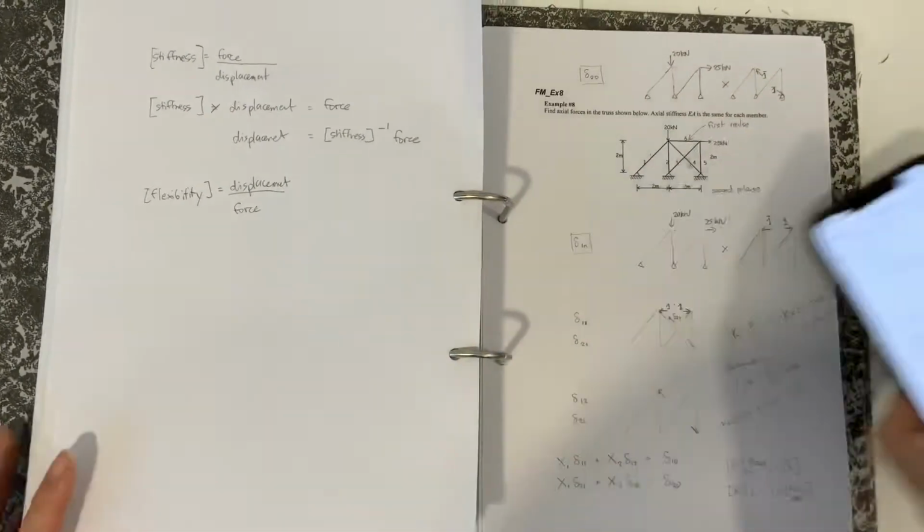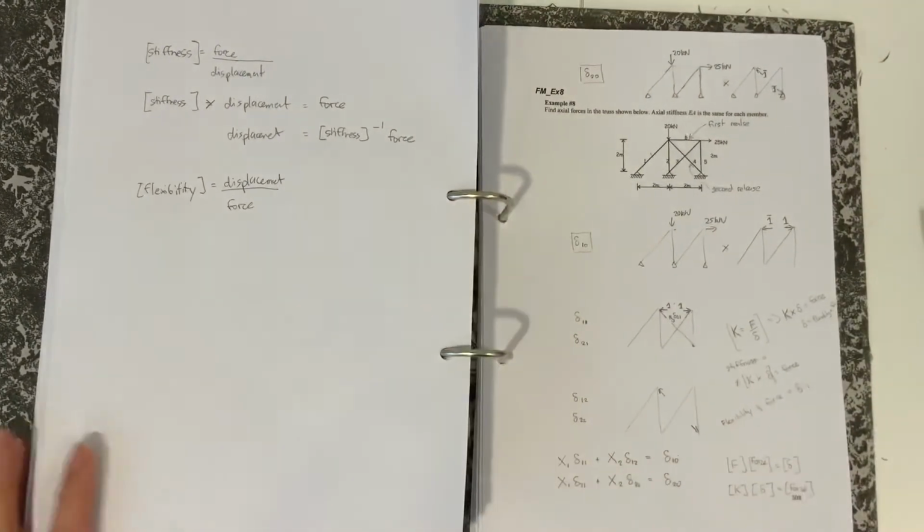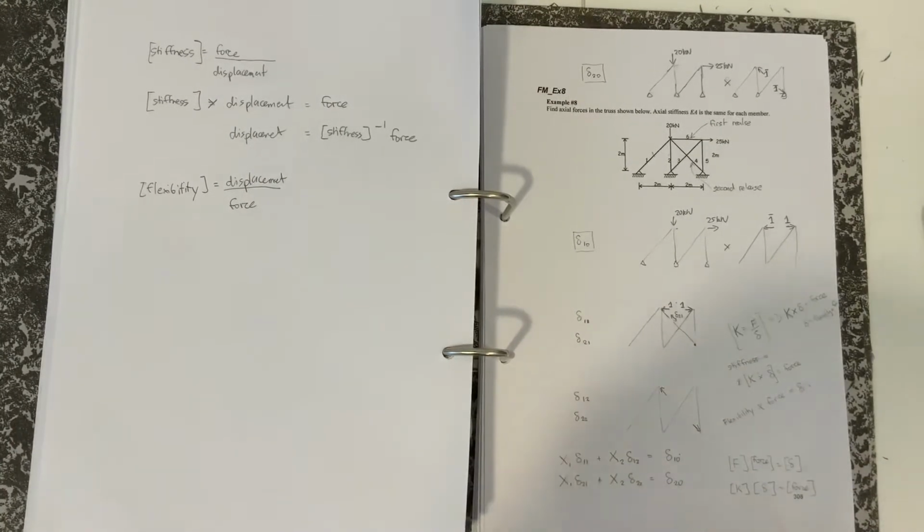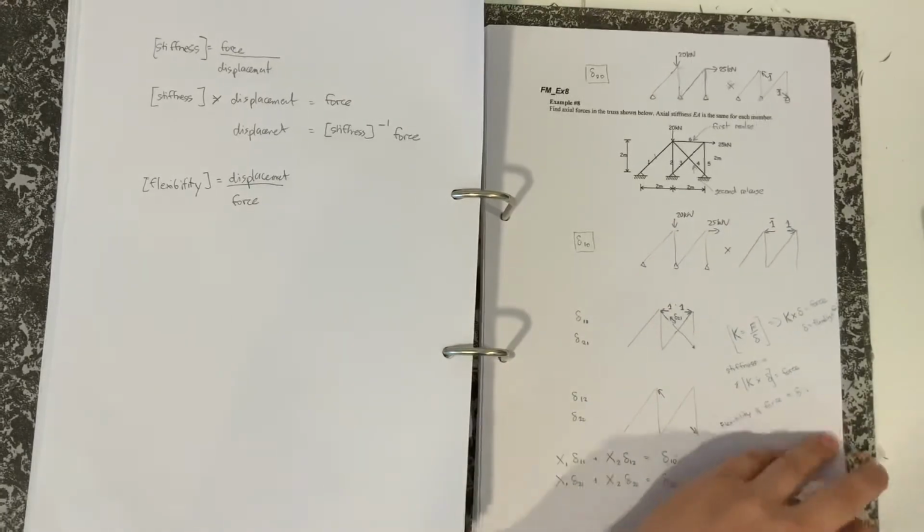So example 8 is there on the Dropbox for you if you want to have a look at that. And just remember, it's no different from what we've done before.